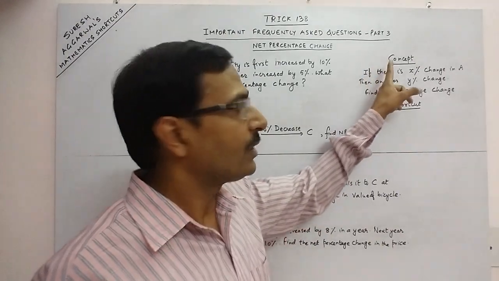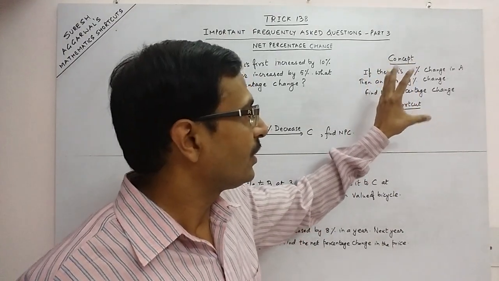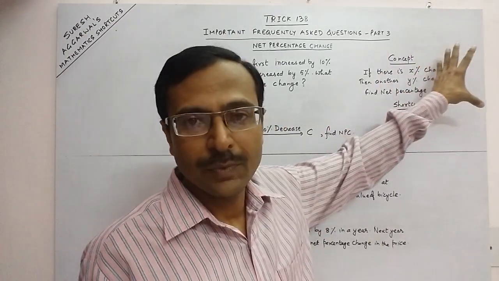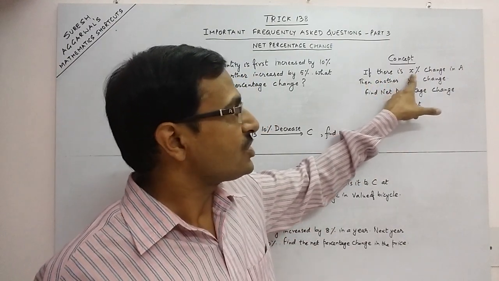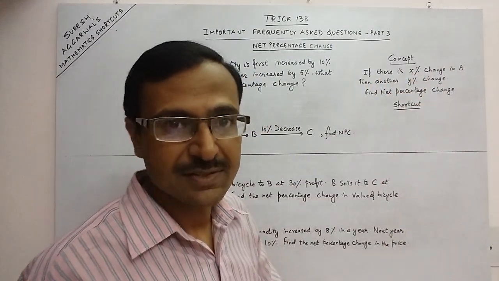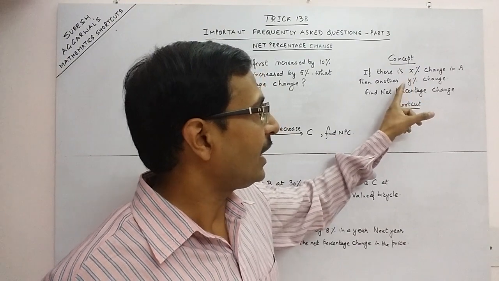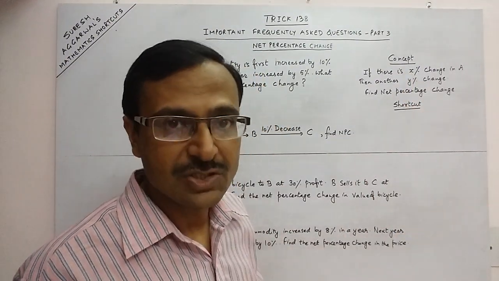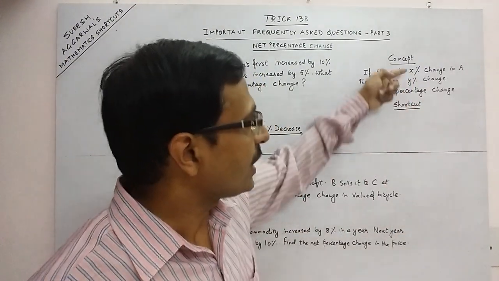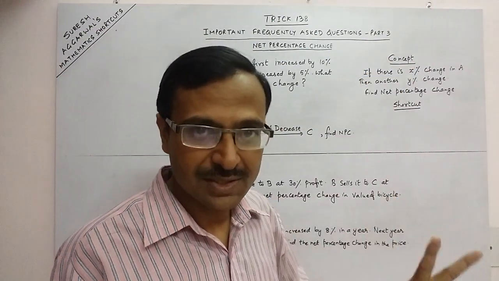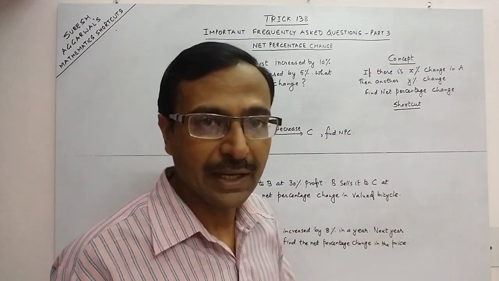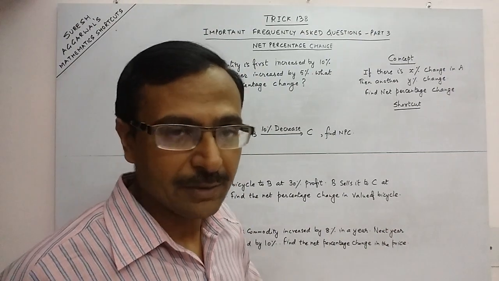For learning the concept, we will assume the percentage change in the first instance to be X% and then the second change to be Y%. So X% and Y% changes in the value of any commodity or any item.